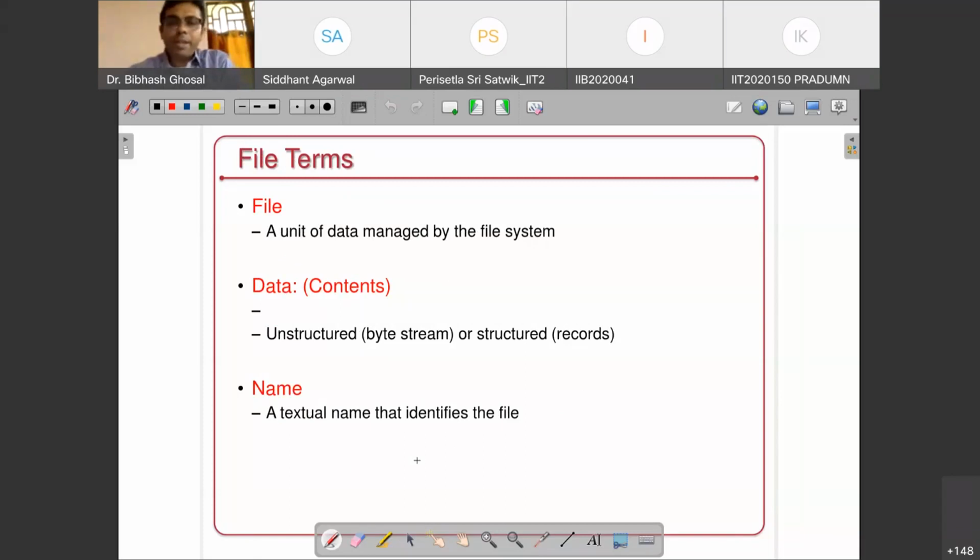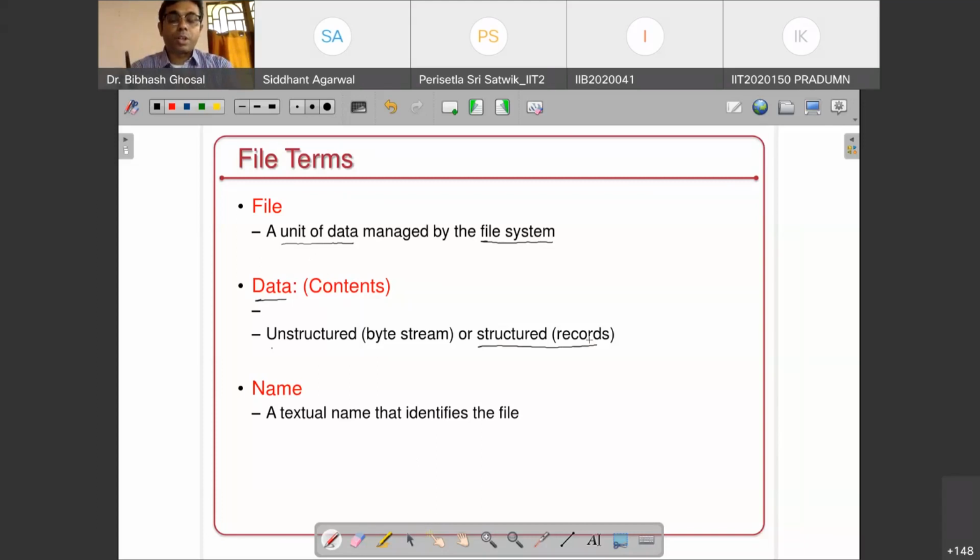What is a file? It's a unit of data that is managed by the file system. The data that will actually be managed. Data is the content that you have put. Data can be of different types. It can be structured, which is record. Record means there will be a particular style of writing or keeping your data.